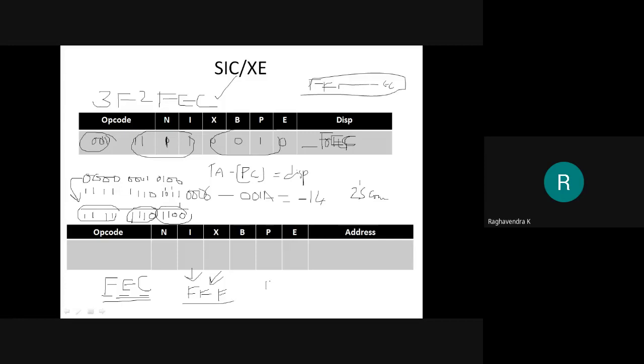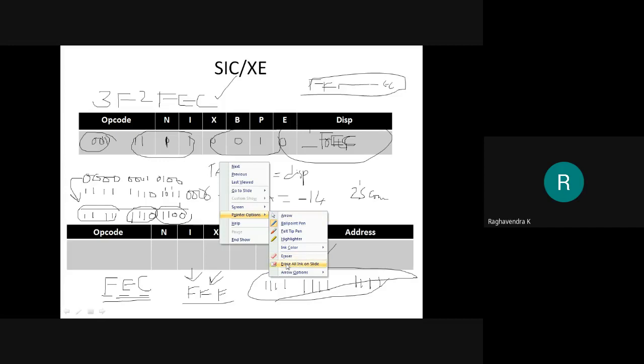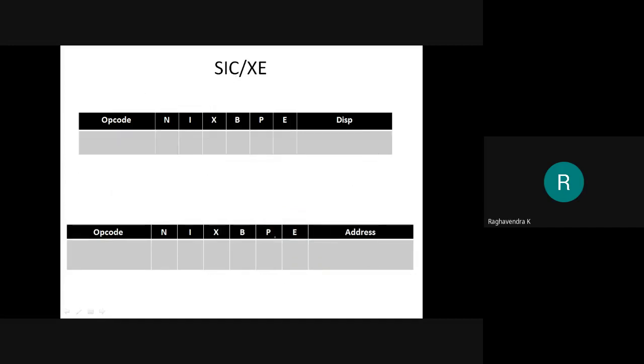So 12-bit means 1111 1111 1111 is the maximum value that we can have in the displacement field. If it is exceeding this value, then quite obviously we cannot assemble that using PC relative addressing mode. So we have to either go with base relative addressing mode, or use an extended format instruction. Do remember this, because this is an exceptional case.